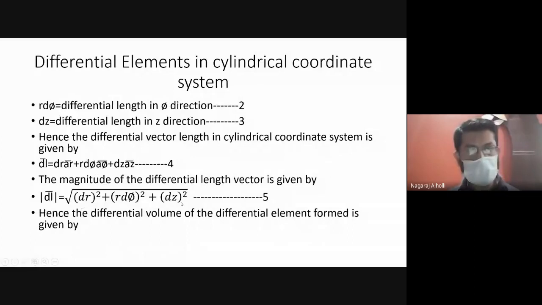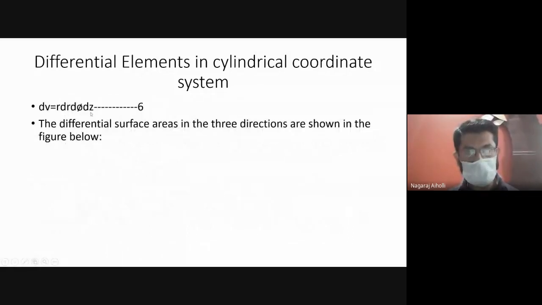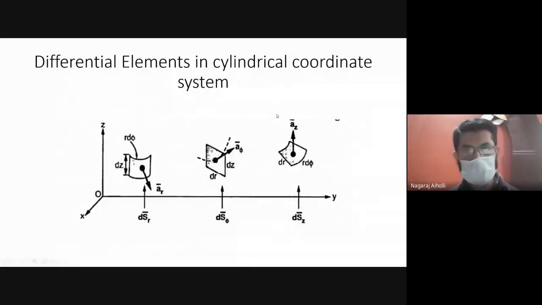Volume is simple: dv is equal to r into dr into d phi into dz. Then we analyzed the areas of the three surfaces of the differential element formed in the cylindrical coordinate system, and we have written the three areas.